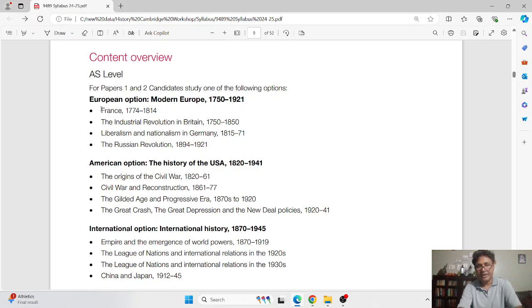For example, if France 1774 to 1814 is the topic prescribed for Paper 1 in a particular year, then the remaining three topics would be prescribed for Paper 2. This is how the topics keep rotating every year for AS, for Paper 1 and Paper 2.